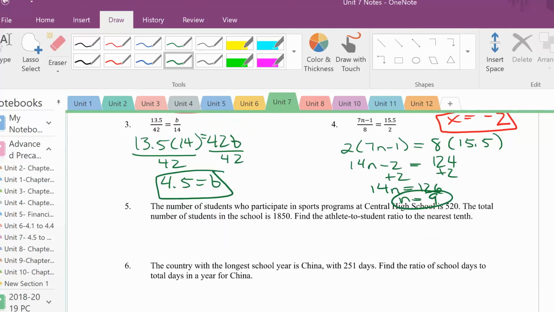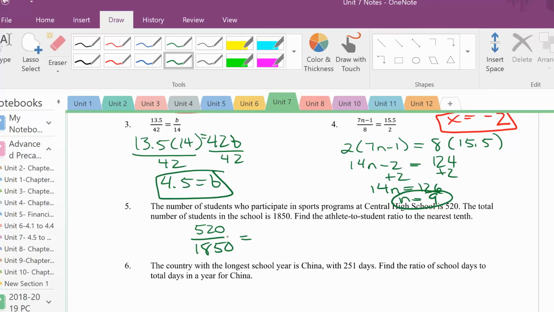The number of students who participate in sports programs at Central High School is 520. The total number of students is 1,850. So 520 participate in sports out of 1,850. Find the athlete to student ratio to the nearest tenth. So that means basically you're going to reduce this fraction.